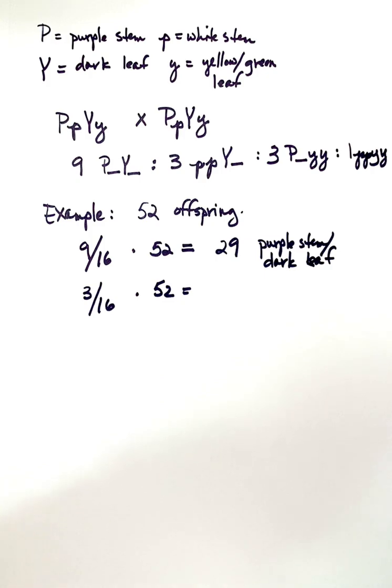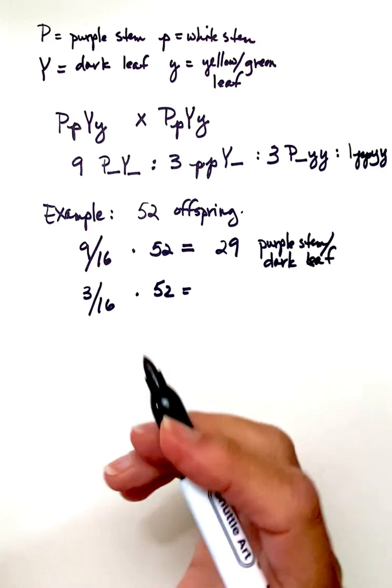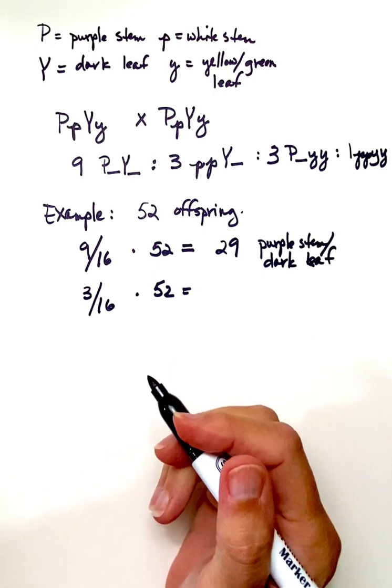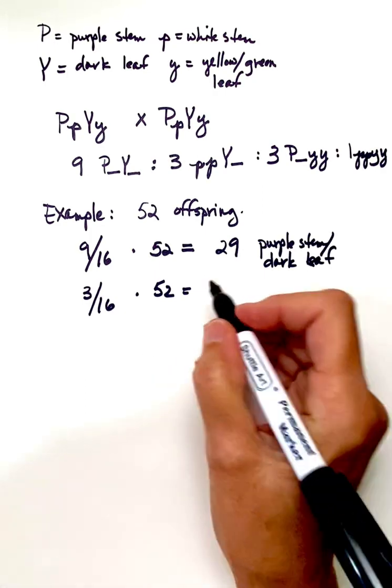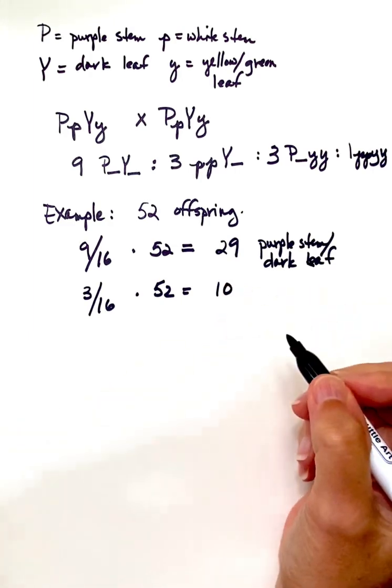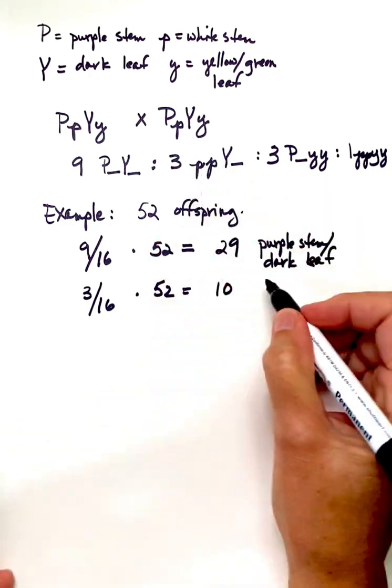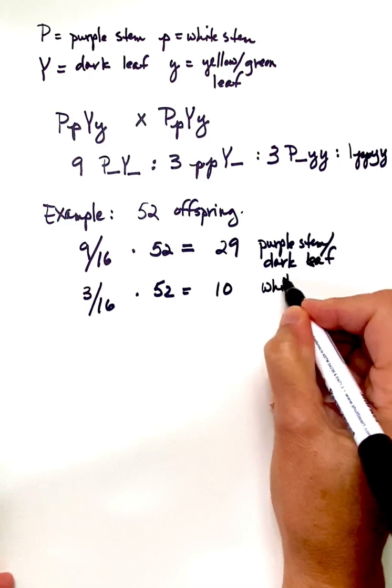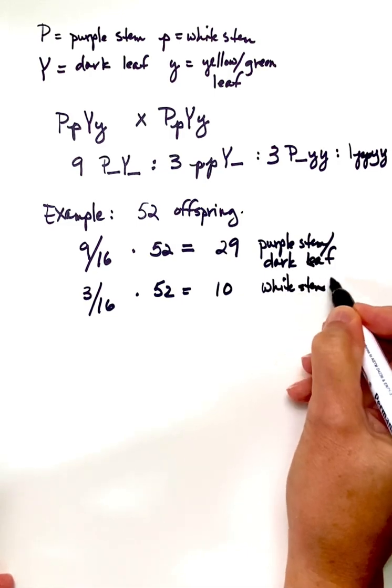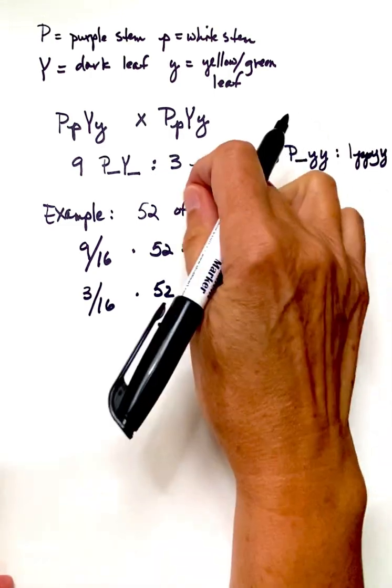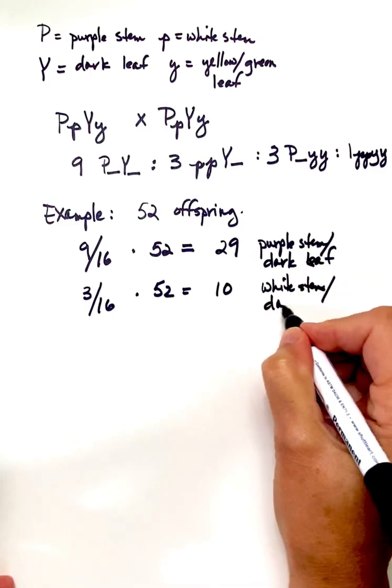3 times 52 divided by 16, 9.75. Okay, you can't have 0.75 individuals, so we're just going to round that off and say 10. 10 should be white stem, dark leaf.